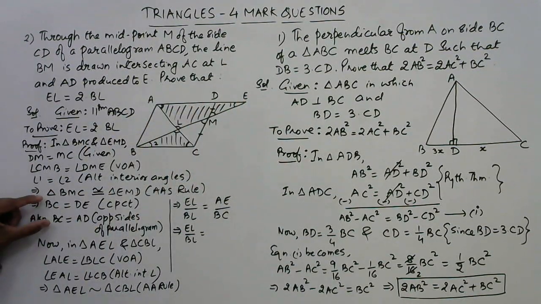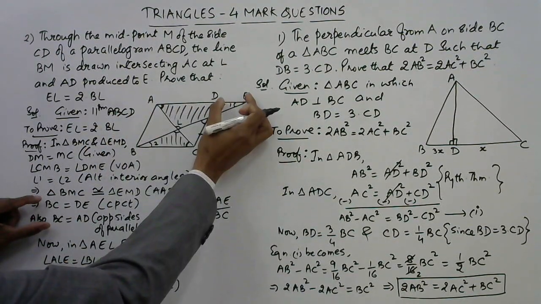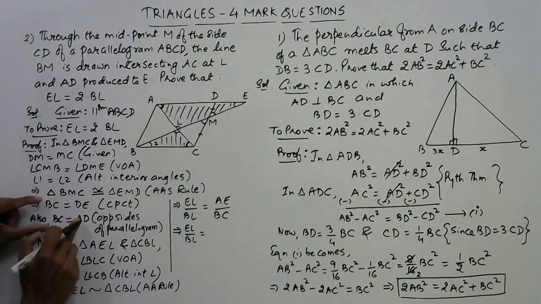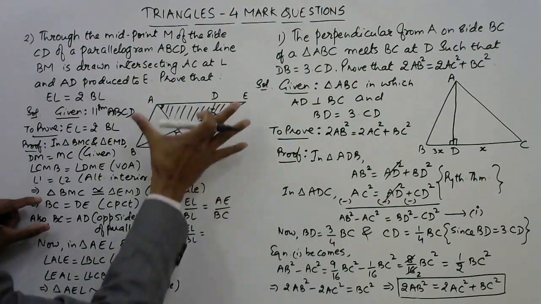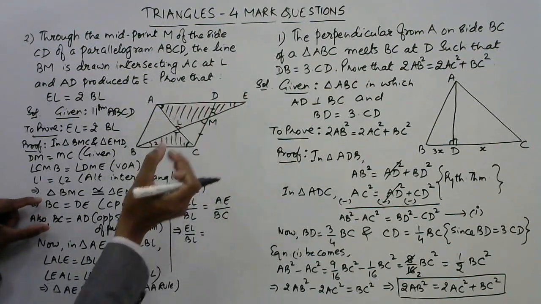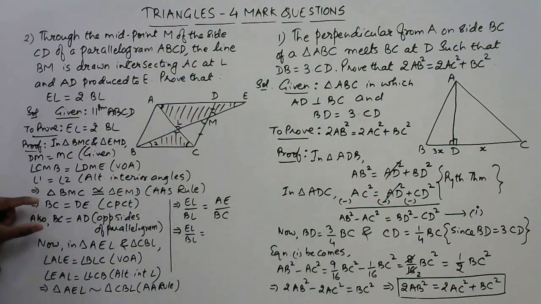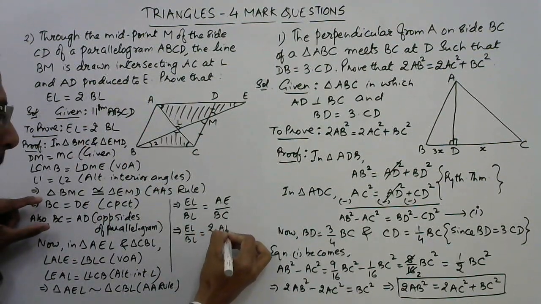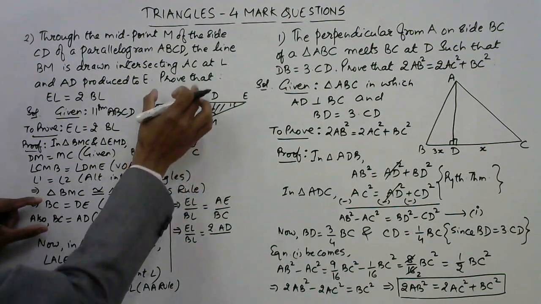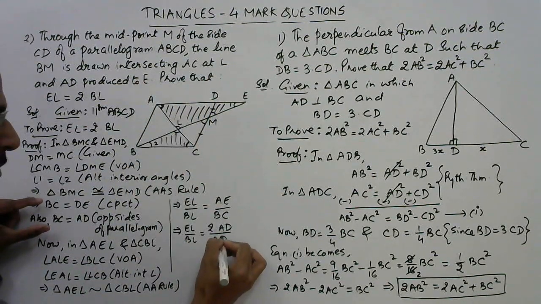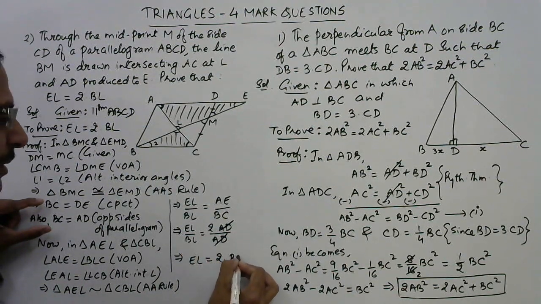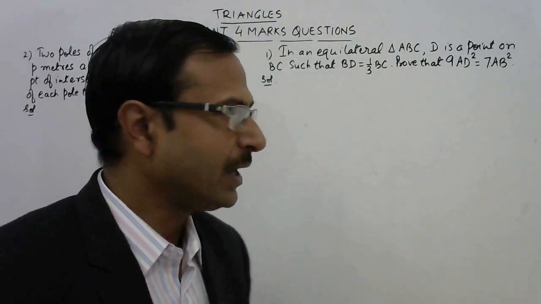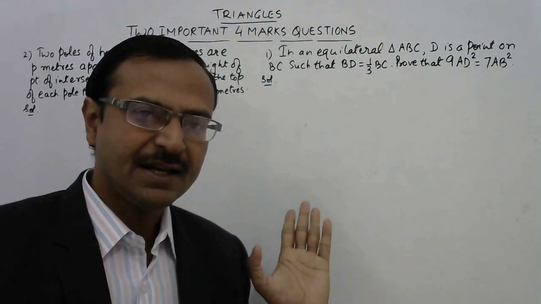From here I told you that AD and DE are equal from these two equations. So if AD and DE are equal, then AE can be written as double of AD. So this is double of AD, and BC is obviously equal to AD. So AD gets cancelled, and here we have the result EL equal to, just cross multiply this, double of BL. So the second question goes like this. It is an NCERT question also.